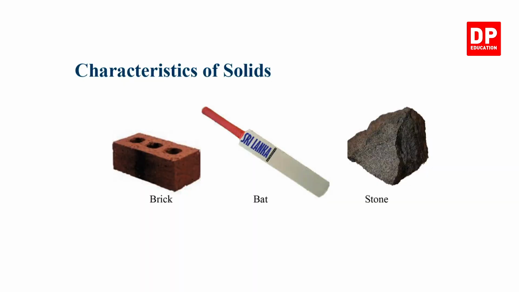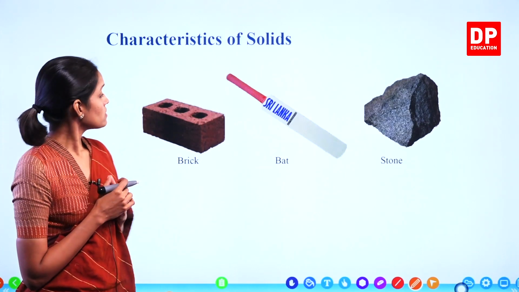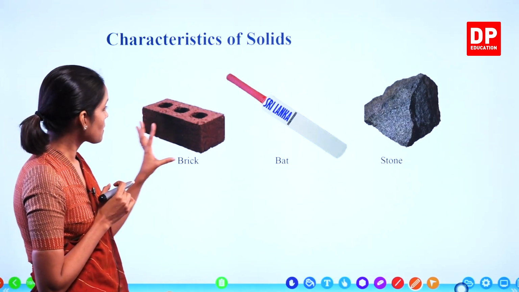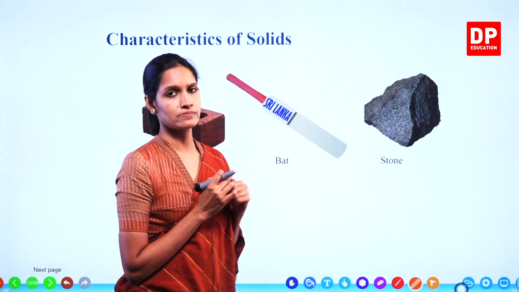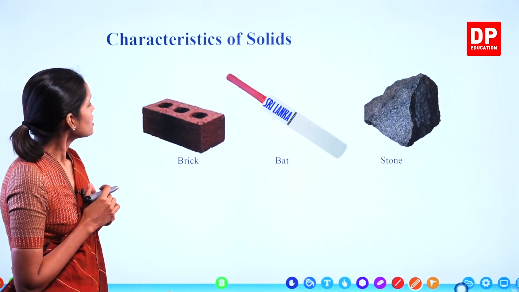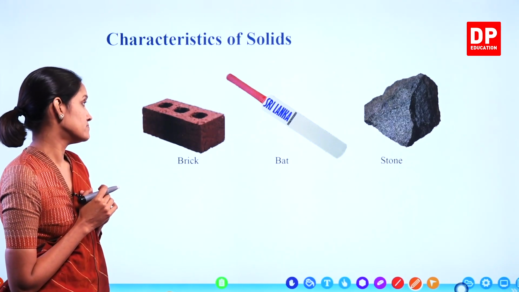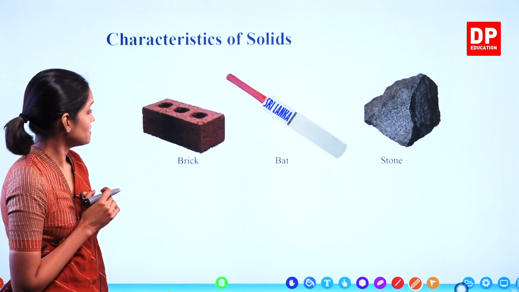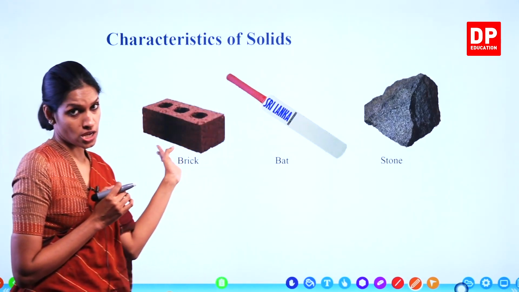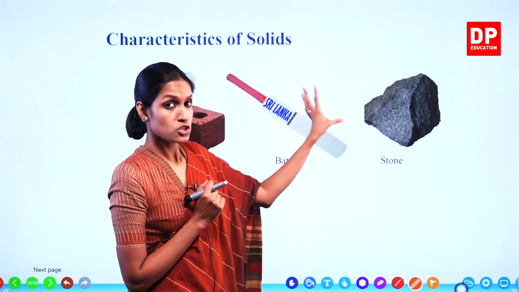Likewise, characteristics of solids. Look at these three solids given here, children. Brick, bat and stone. What are the special characteristics, children? Look at the shape of this brick. It's a cuboid, right? Look at the bat. It also has a special shape here. Okay, now stone.